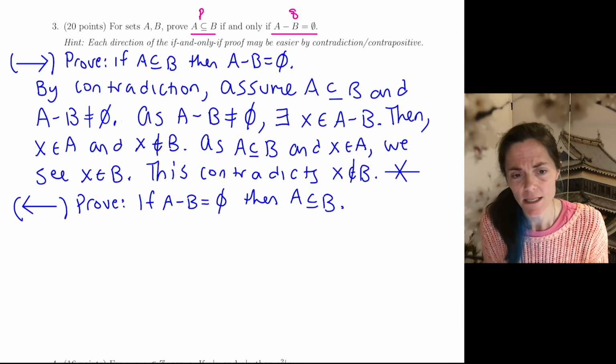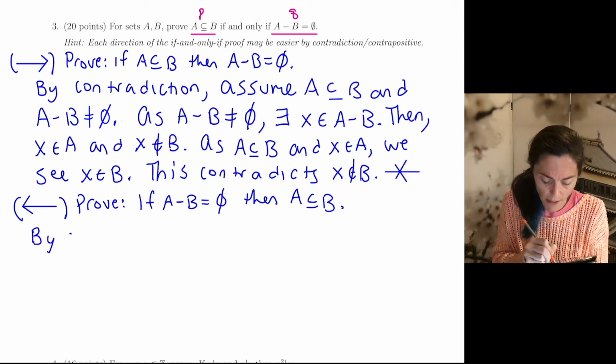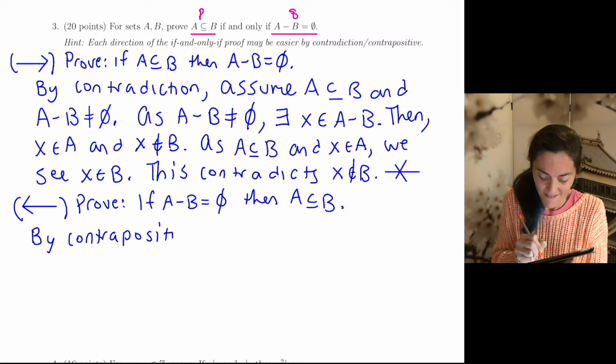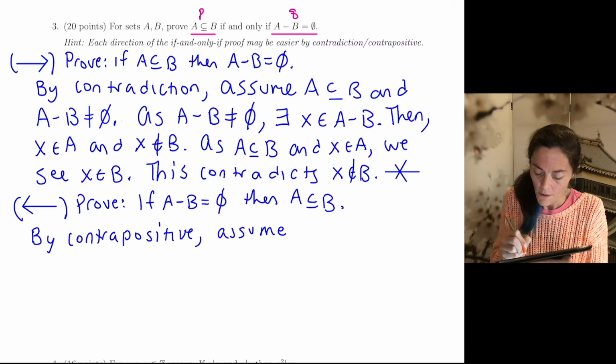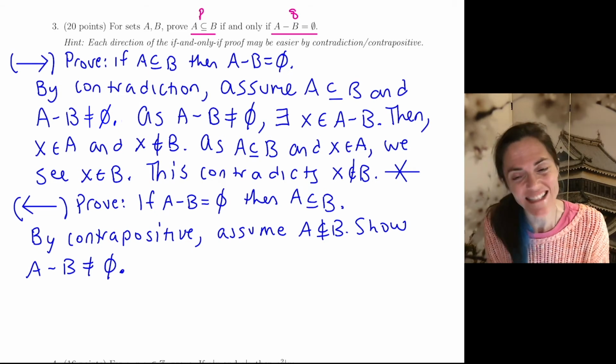I think in this direction, I'm going to work contrapositive. So let me write this by contrapositive. Let's assume that A is not a subset of B, and let's show that A minus B is not equal to the empty set. Okay, this would be contrapositive.